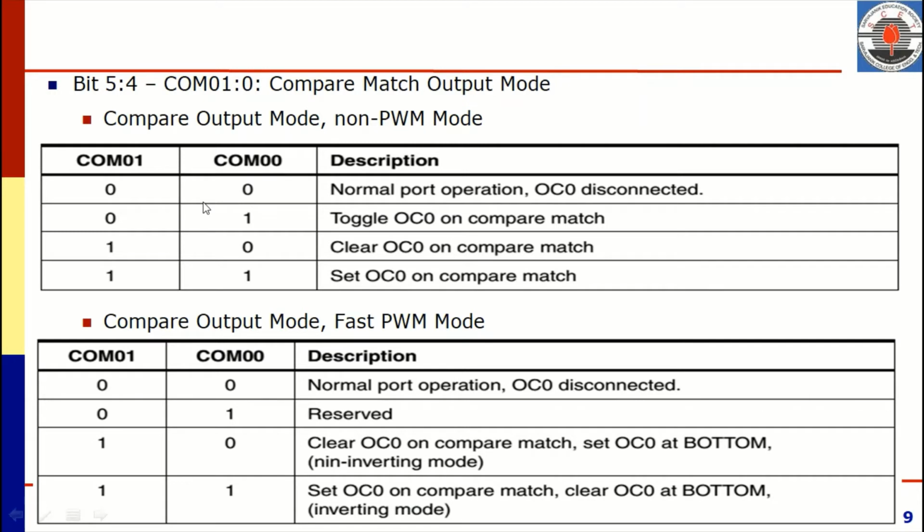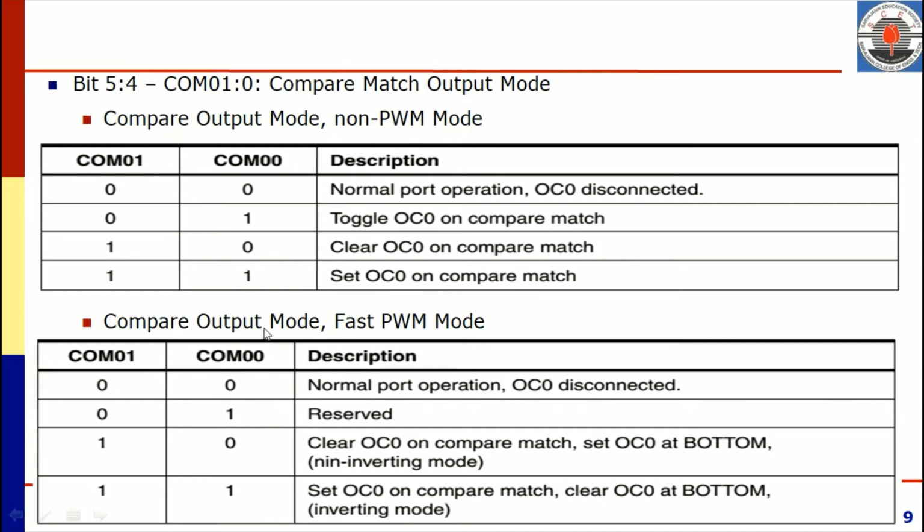The 0-0 combination is normal port operation, and in that case the output compare pin will be disconnected. But in case of 0-1, the OC pin of the timer will toggle whenever timer interval is completed. When compare match output mode is 1-0, it will clear OC0 pin, and in case of 1-1, it will set OC0 pin.